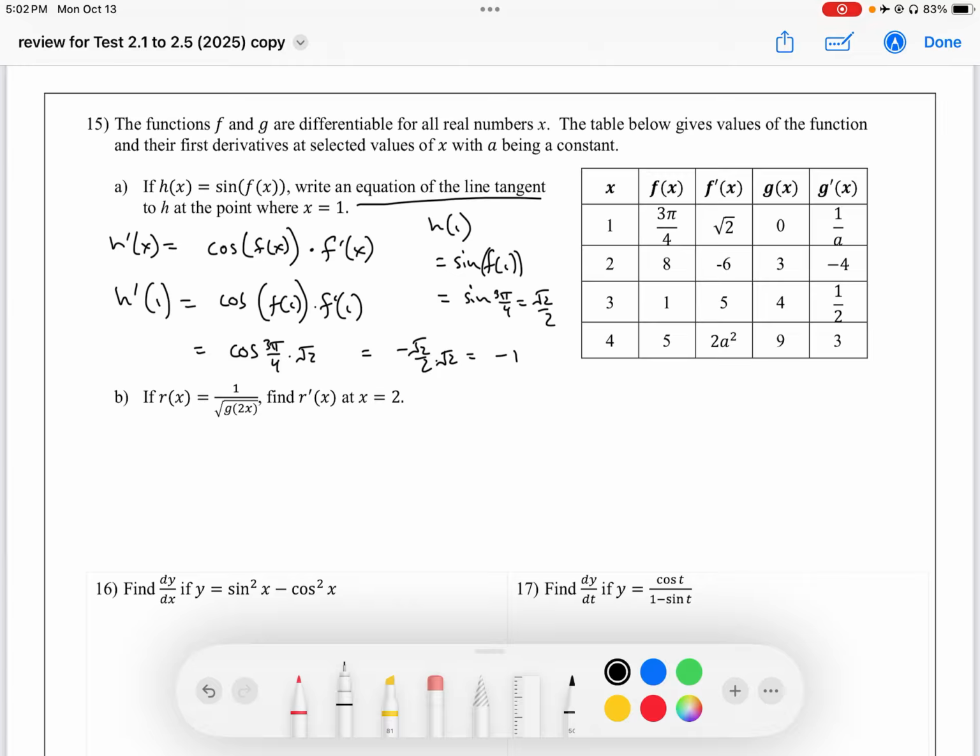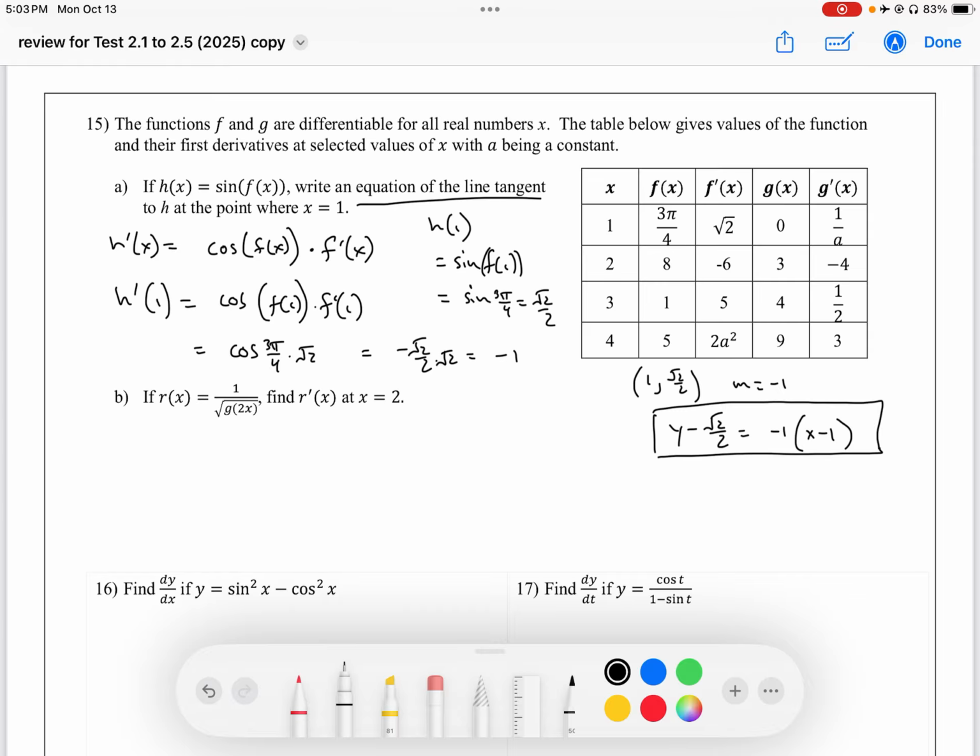Our point is 1 comma root 2 over 2, and our slope is -1. So we'd write y minus root 2 over 2 equals -1 times x minus 1. And we would get this right here as our tangent line.